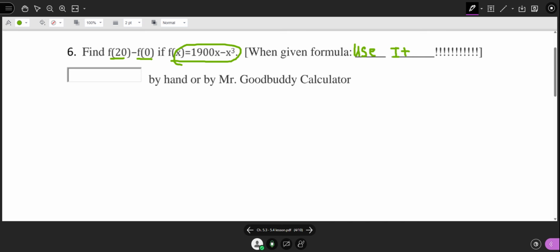Okay? So we know f of 20 is 30,000. So I'm going to put a minus here. Now, let's take that out and that out. What'd that give us? 0. So our answer is 30,000.